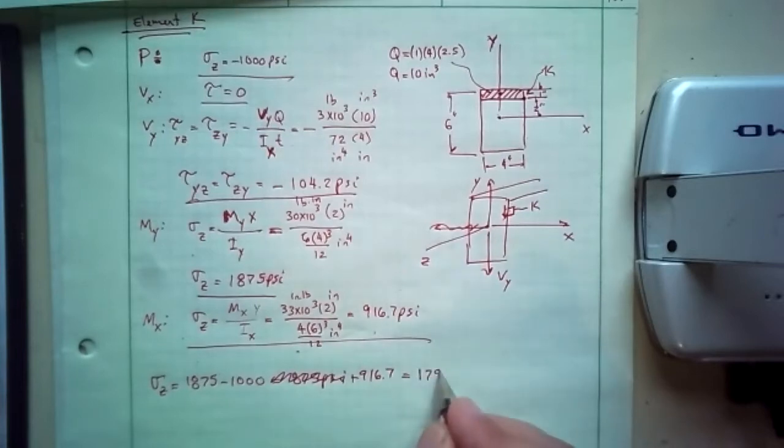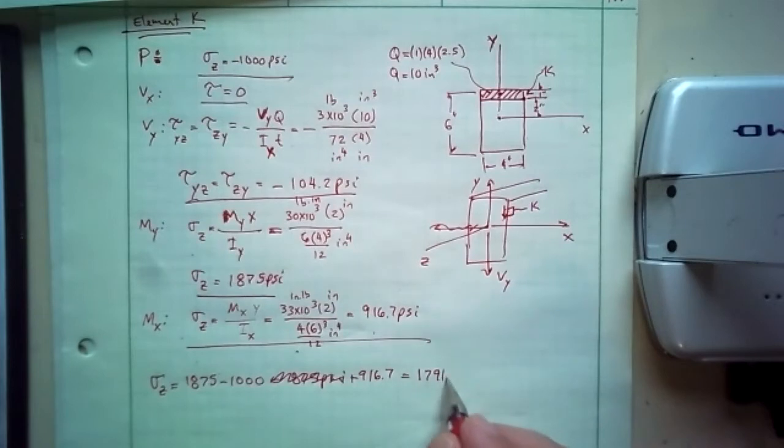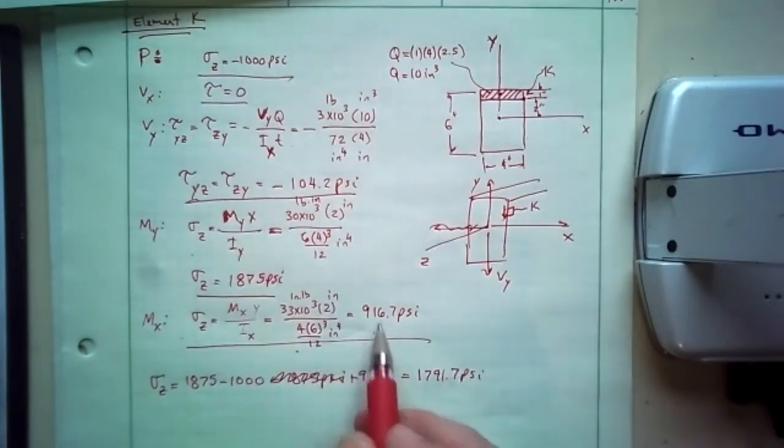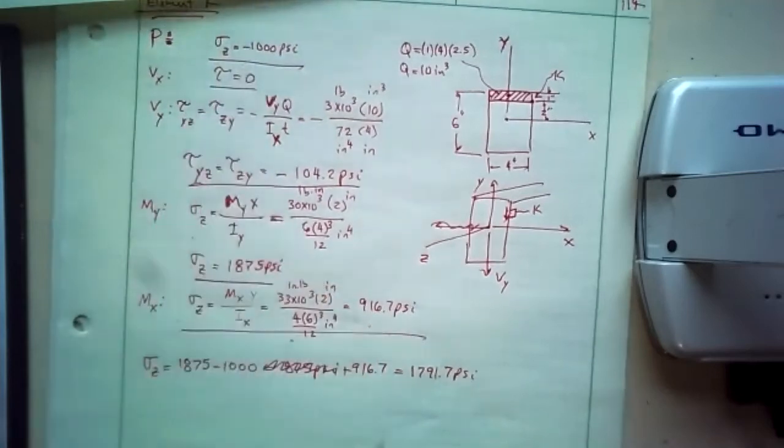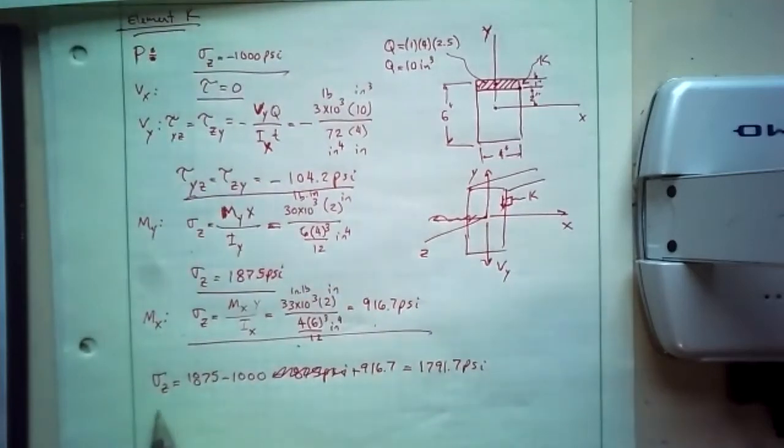That's 1875 minus 1,000 plus 916.7, which is 1791.7 psi. Okay, so I almost forgot that one. There's three of them, right? 1, 2, 3. Okay, so that's sigma z.